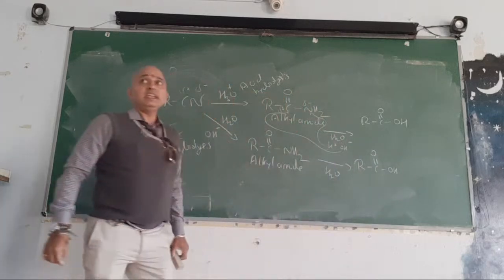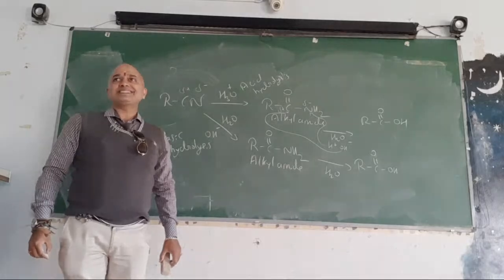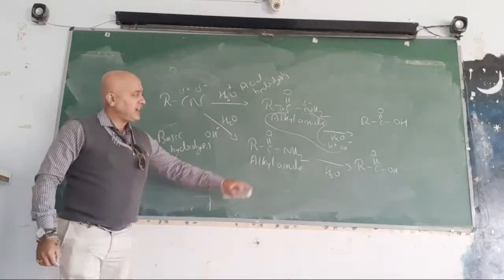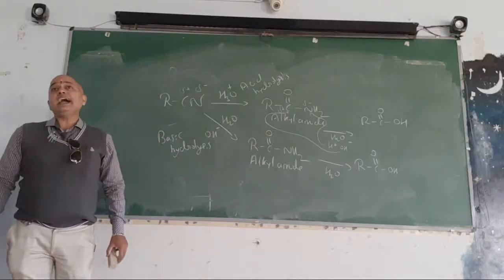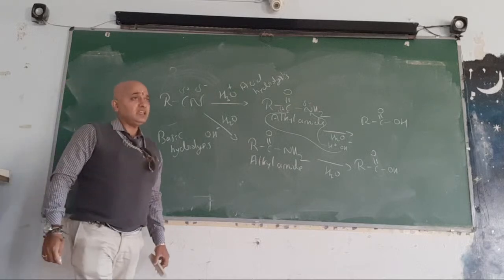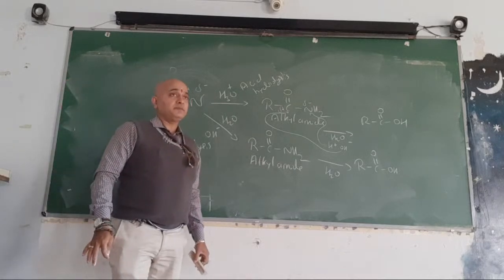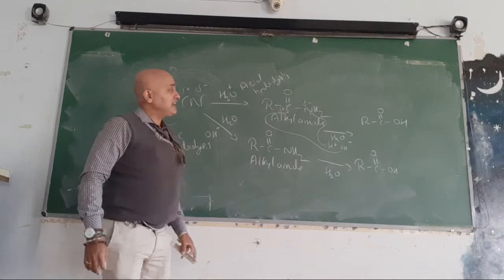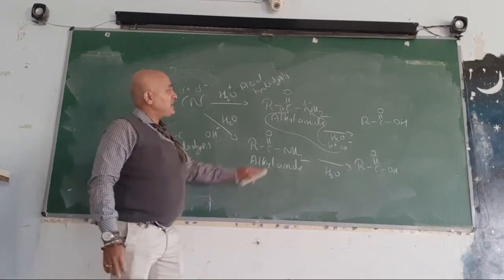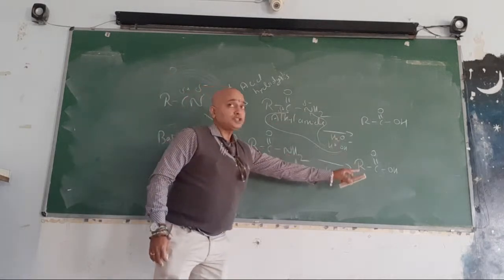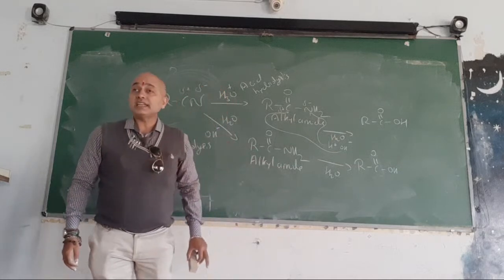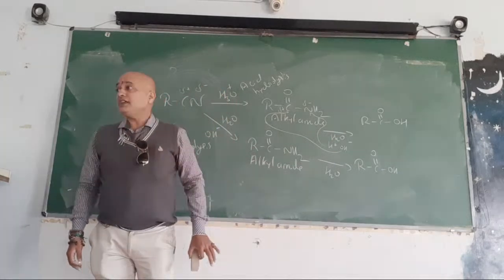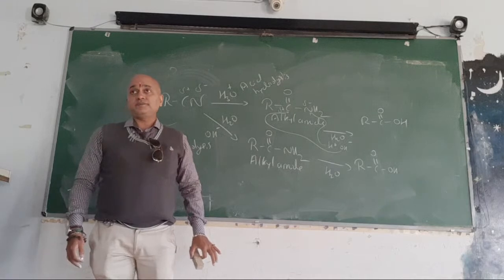That's where we have the carboxylic acid. This is how we can remember the reaction. Don't learn by heart. We cannot memorize the reaction. So that's where we have the amines which on further hydrolysis can give rise to a respective carboxylic acid.